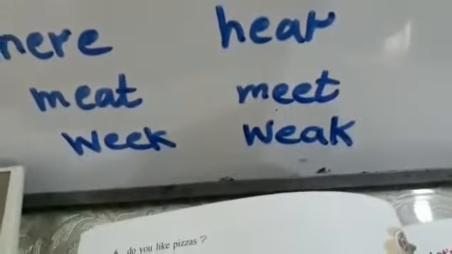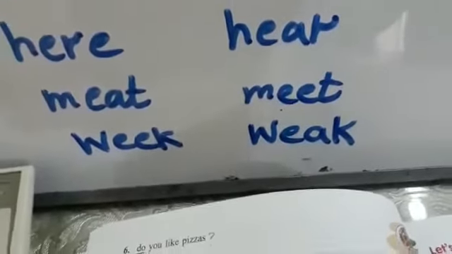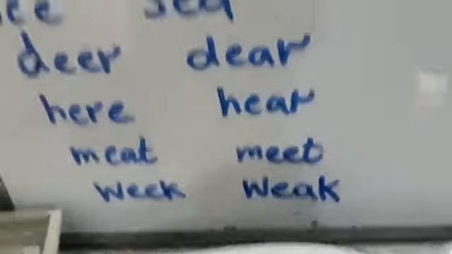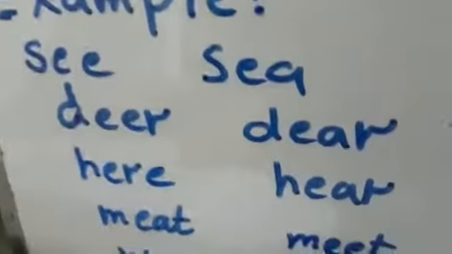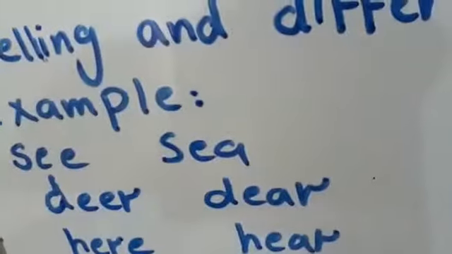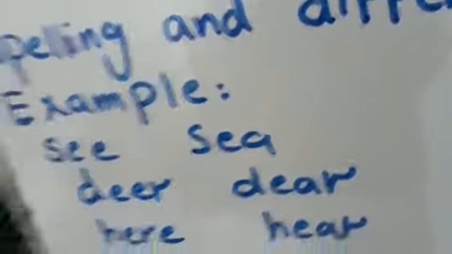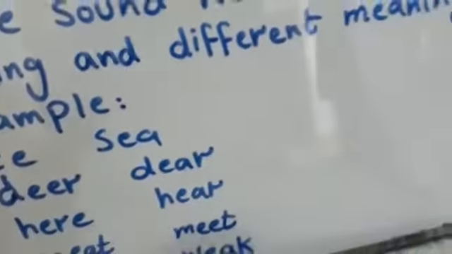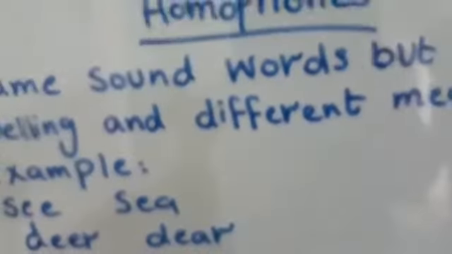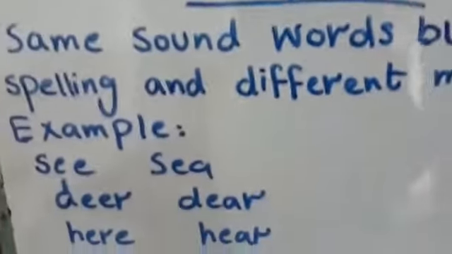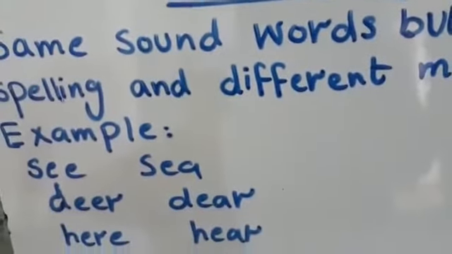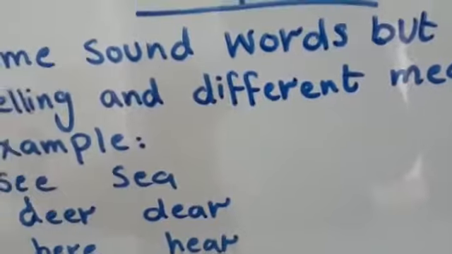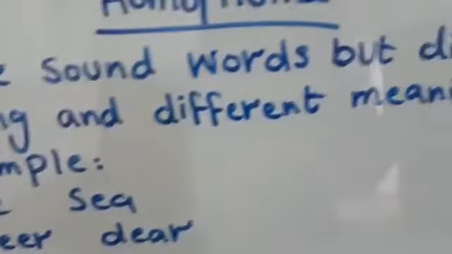And weak, to feel weak in yourself, in your body, or whatever is about your health. Clear? So this is an extra example. It's not in your book, but I have written some examples here to give you a proper understanding about homophones. Okay, now you have a complete understanding. What are homophones? The same sound of words, but different meanings and different spellings as well.